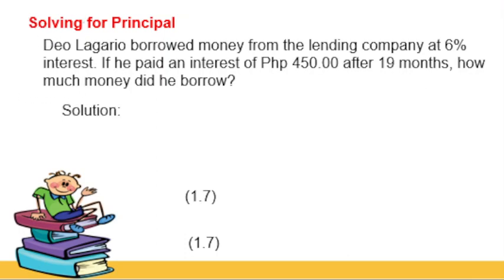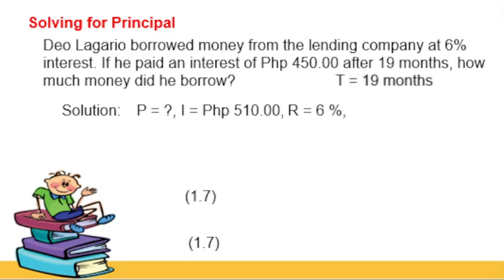To show you the solution, we have P equals unknown, I or interest equals 510, and the rate of 6%. And then the 19 months, to change that into years, will become 1.7. Why is it? Because 1 year is equal to 12 months, and 19 minus 12 is 7. So that is 1.7.